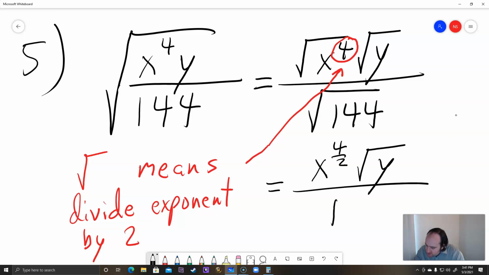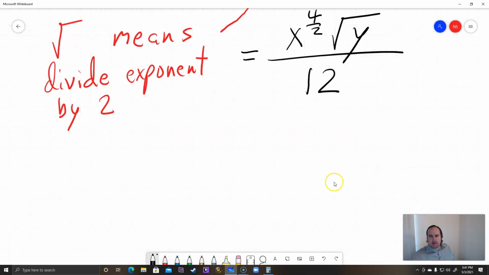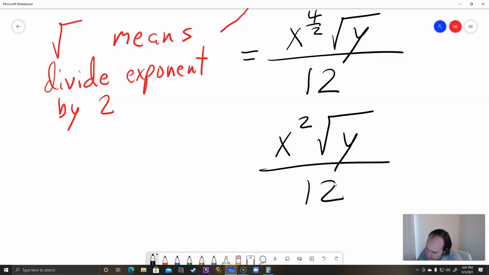So our denominator is just going to be 12. And then, of course, 4 divided by 2 is 2. So x to the 4 over 2 is x squared. So we have x squared times the square root of y all over 12. And that's going to be our final answer.